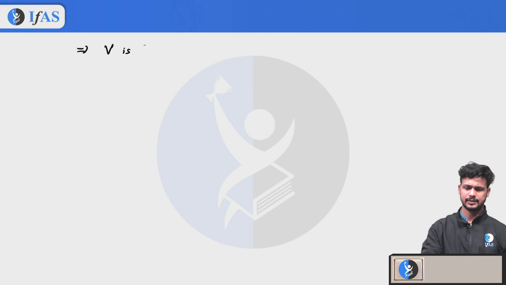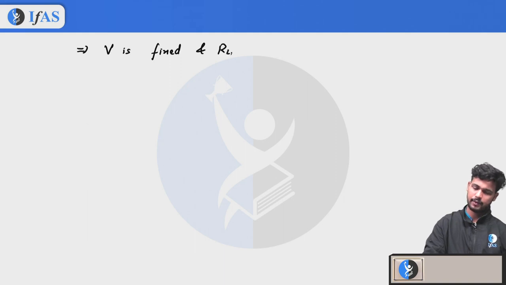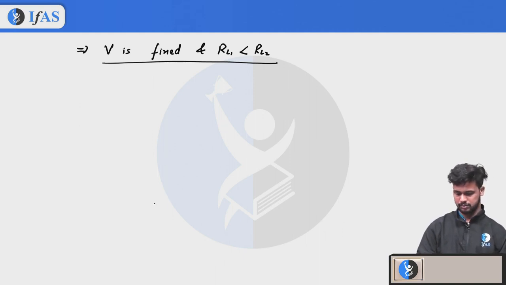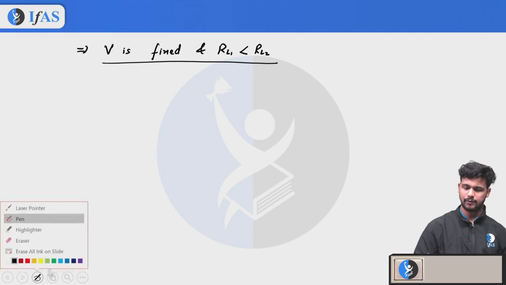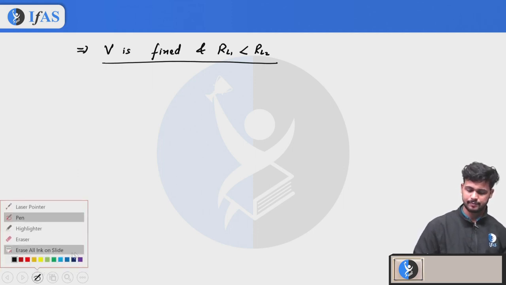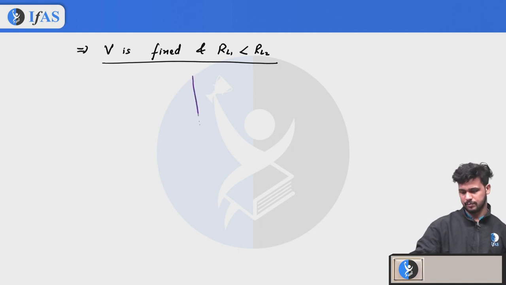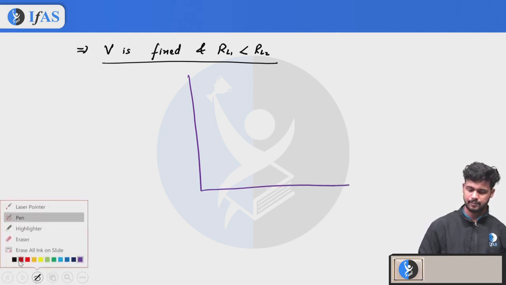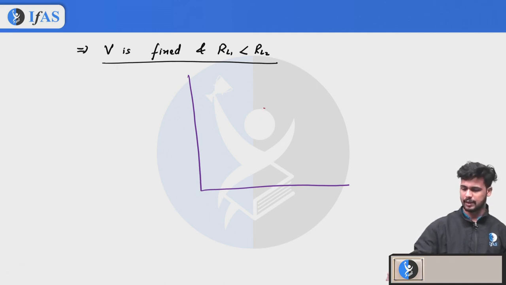Okay, the first case is that if V is fixed and RL1 and RL2, sorry, RL1 is more than RL2, so in that case I will say that for the calculation purpose we can use this kind of pattern.